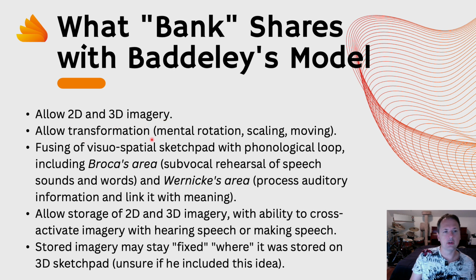He wants to allow transformation, that is mental rotation of that volume, mental scaling, mental moving of the volume. He also wants the option of fusing the contents of the sketchpad, the imagery, in real time with the phonological loop, including Broca's area, which is subvocal rehearsal of speech sounds and words.